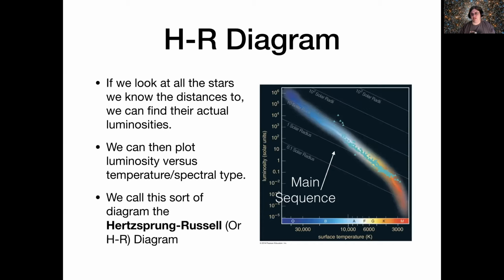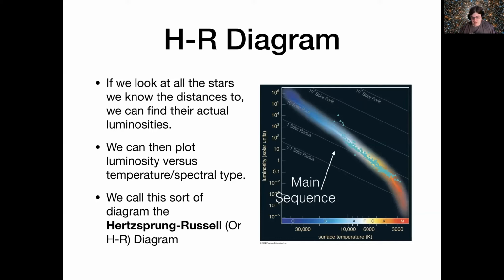So what we're going to do is, let's take all the stars we know their parallax of. And if we know their parallax and we know their apparent brightness, we can measure the luminosity. We can also get their spectral type, which tells us the temperature. So we're going to make a graph. Astronomers love making graphs.